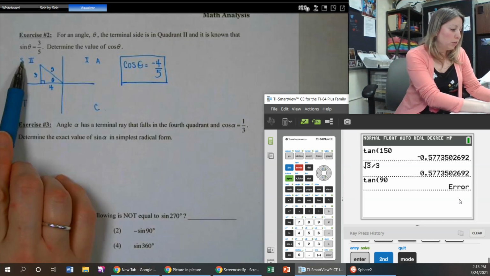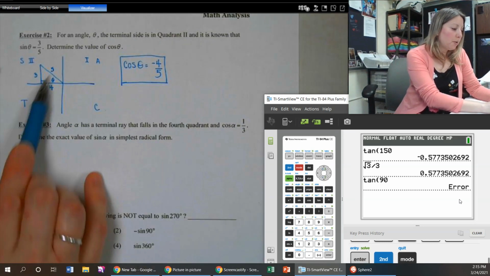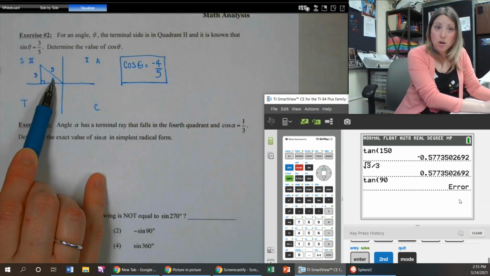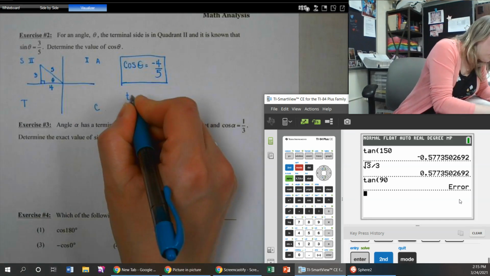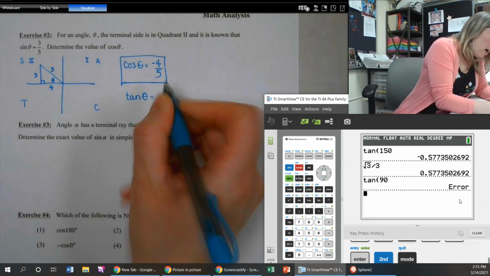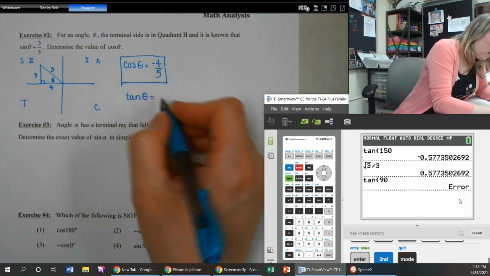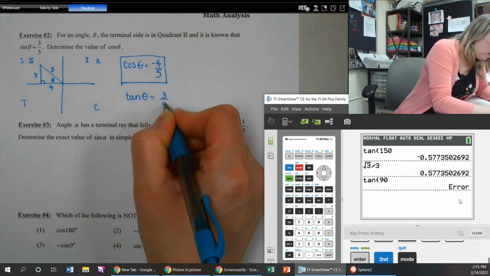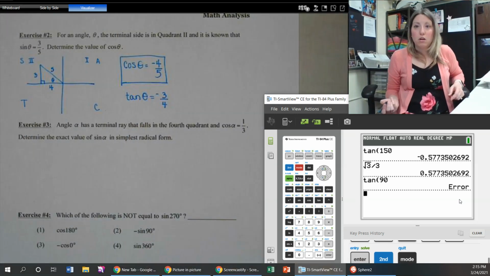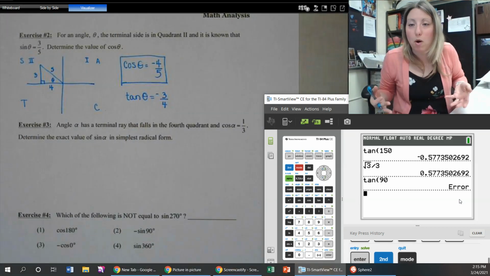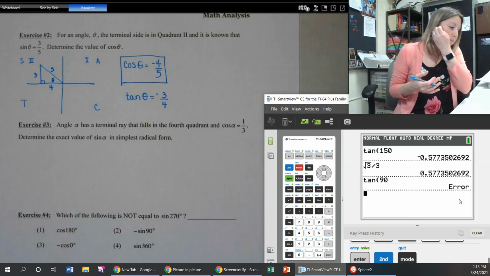Everyone's positive, only sine's positive. So anything else I were trying to find here would be negative. Like if I want to find tangent of theta, I know my 3, 4, 5, it's just opposite over adjacent. So it's negative 3/4. Because it's tangent, it's got to be negative in quadrant 2. Okay?